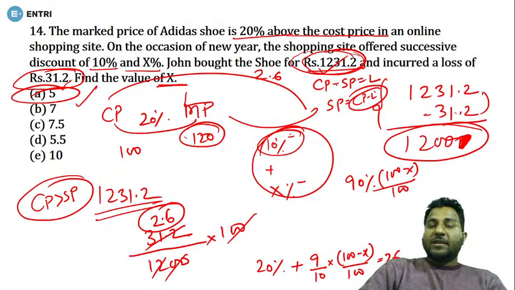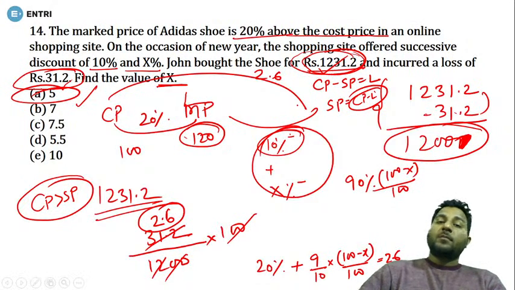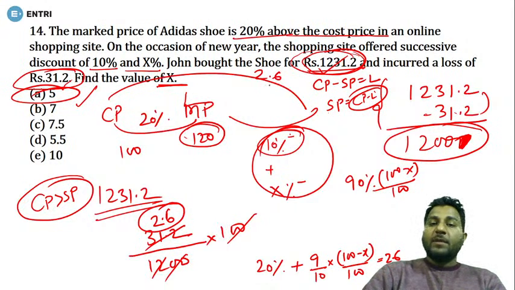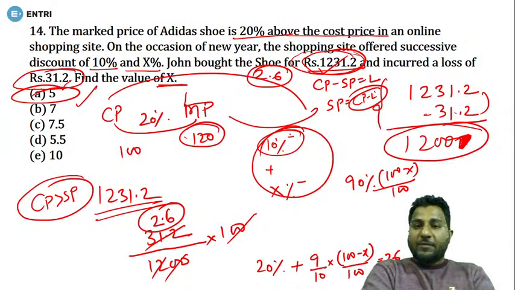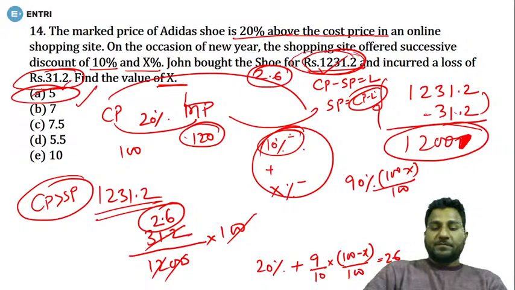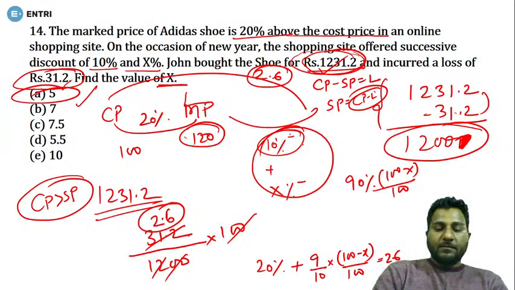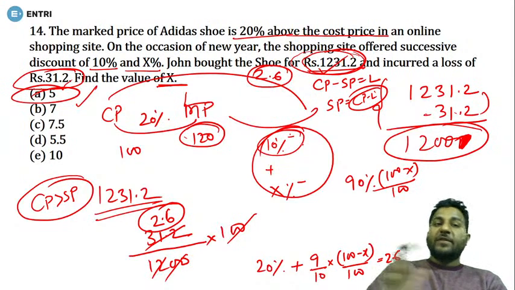All right, the loss is from John's perspective, but from your perspective, it will be profit. Look at this, the last person has bought it, you have not bought it, you have sold it. Remember, John has bought it after the successive discount.